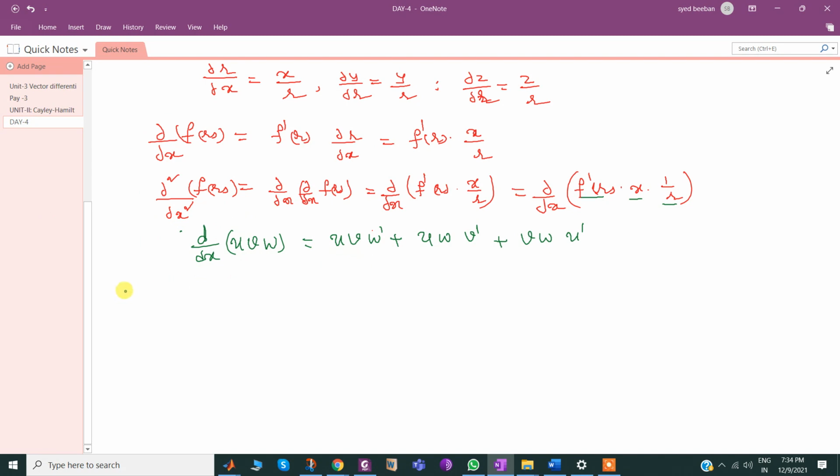So as per that, dou square by dou x square of f of r equals u v w.